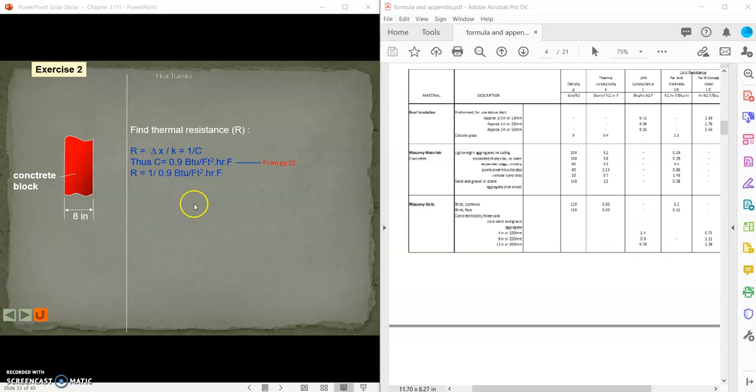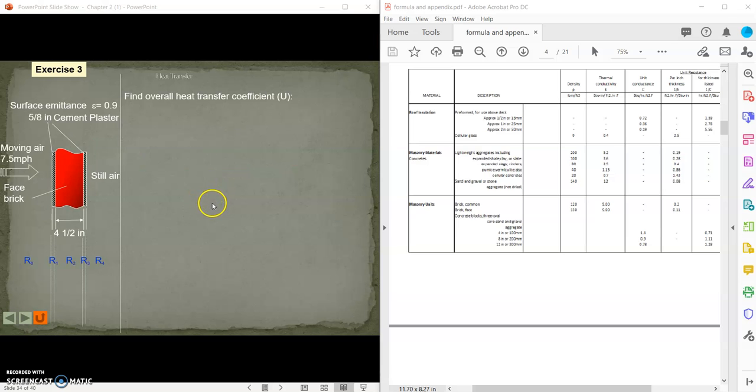So R is equal to 1 over C. We can choose this kind of formula, which is 1 over 0.9. So we get 1 divided by 0.9, which is equal to 1.1 feet square hour Fahrenheit over BTU.